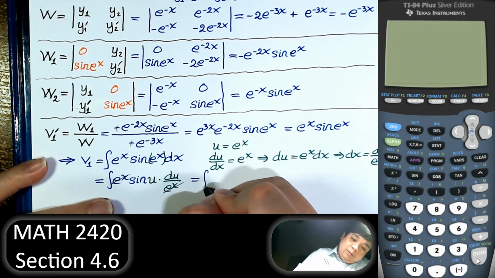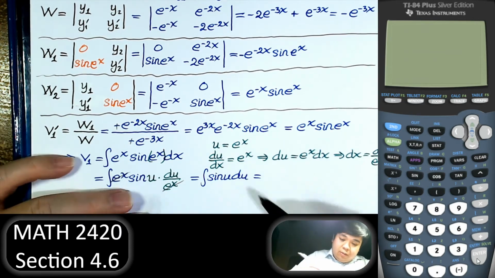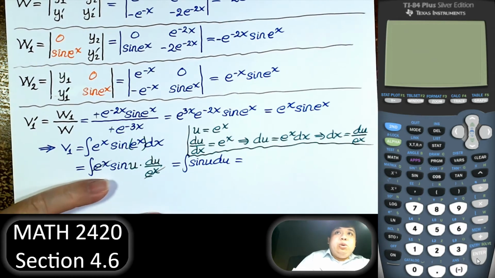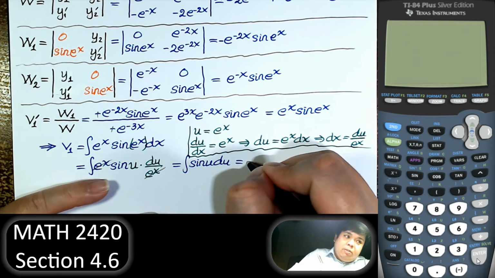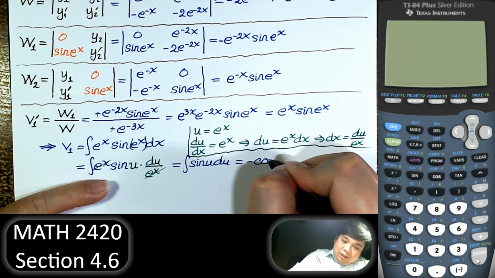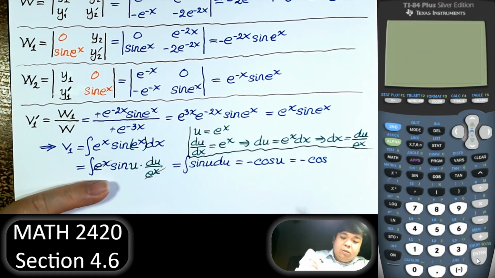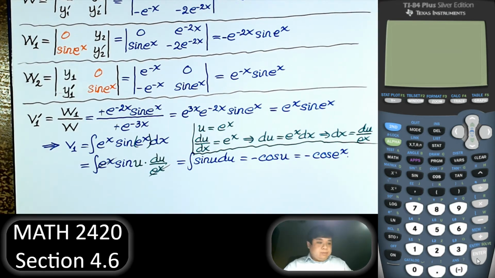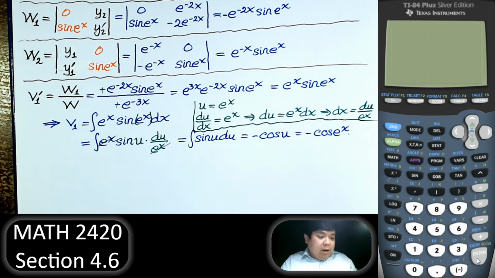The integral of sine u is negative cosine u, which is negative cosine of e to the x. That is v1. Now, v2.